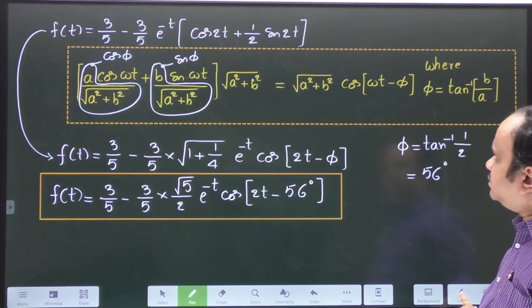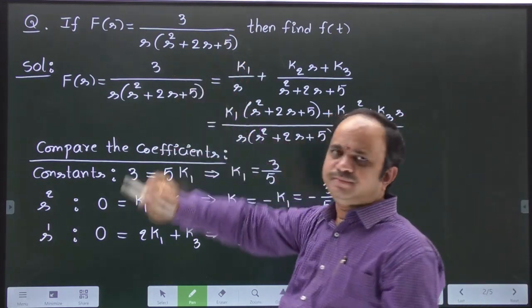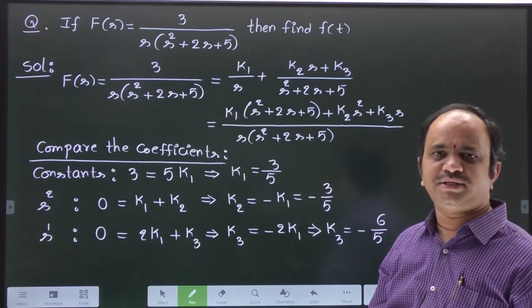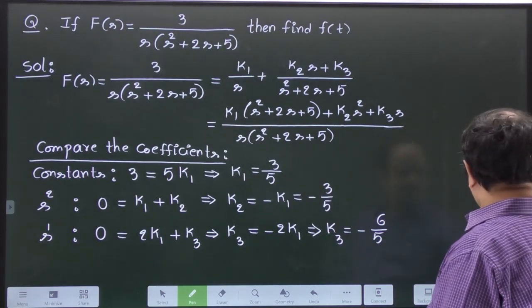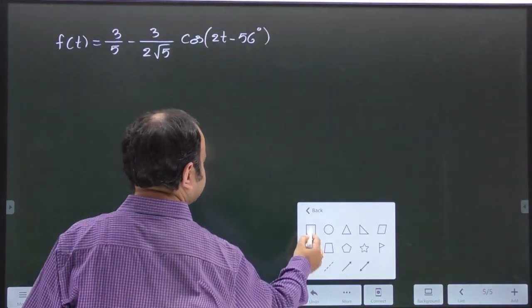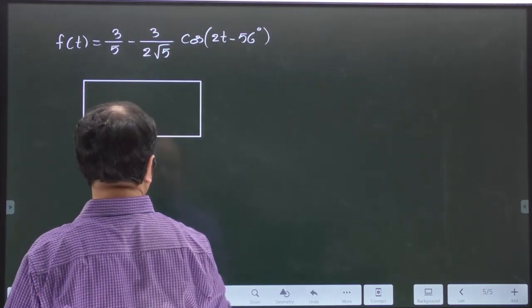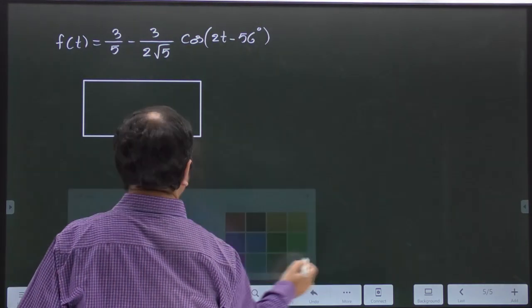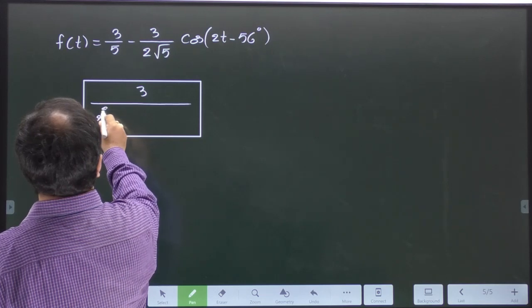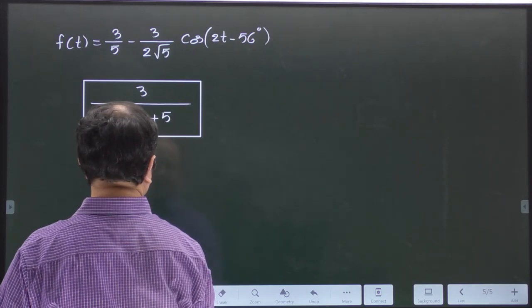Say for example, if I consider that F of s is the transfer function of a particular system, let me take it in this way. This is the transfer function of a system, right? What is the transfer function here? 3 by s square plus 2s plus 5.